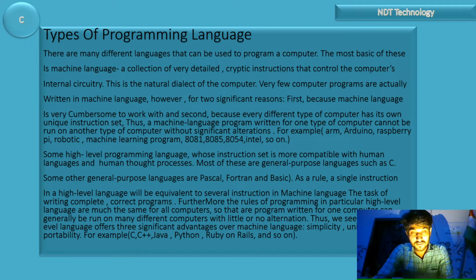And a machine language program written for one type of computer cannot run on another type of computer, right? So if your Oppo mobile's machine language code is different, that code cannot be used in your Realme device or any other devices, alright? Because the machine's instruction set is different from another machine's instructions. So that is the big fault of machine language.